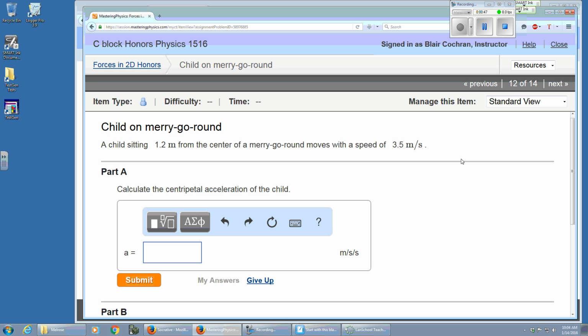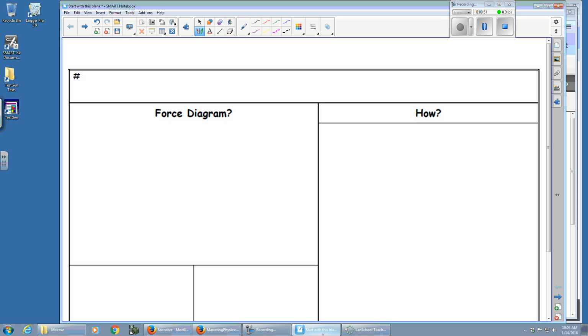So your Y for this one should have been a force diagram. And I probably would have drawn it from a side view.